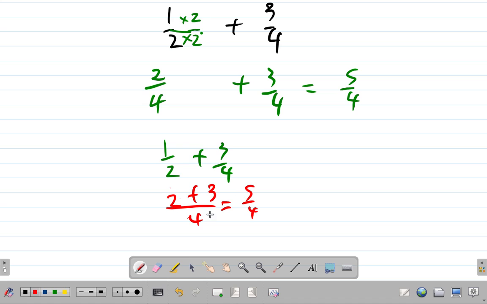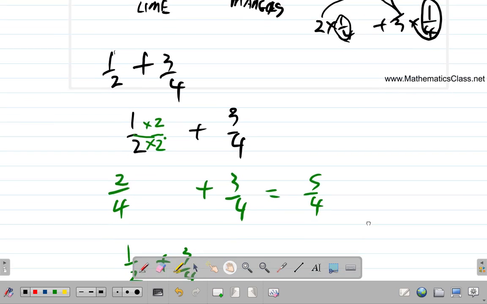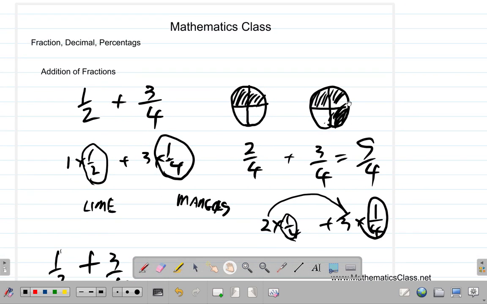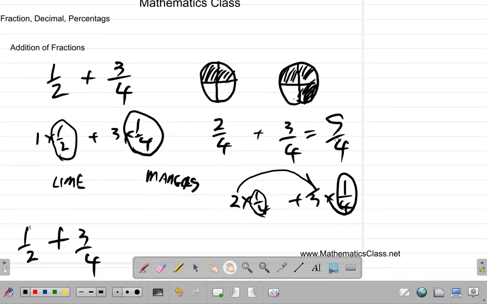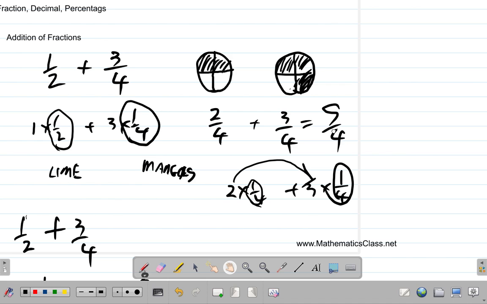Or the shortcut method, that still works. But the thing now is you have 5/4. Now we can look back up here. 5/4 is an improper fraction. Suppose you want a mixed fraction.